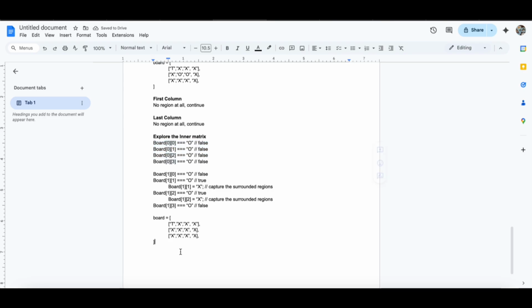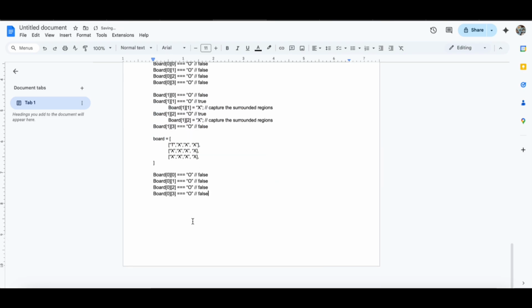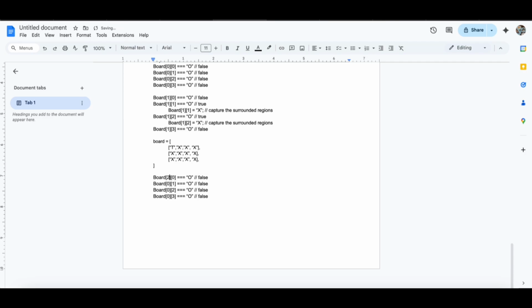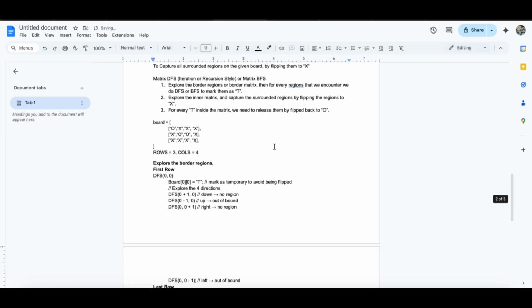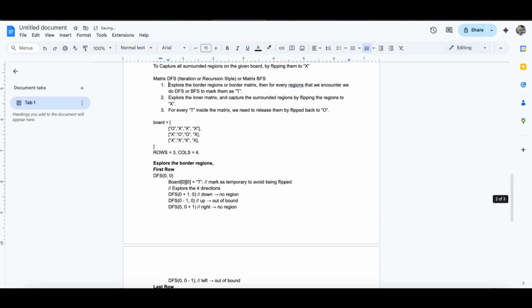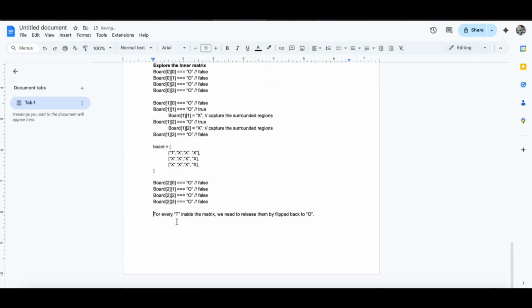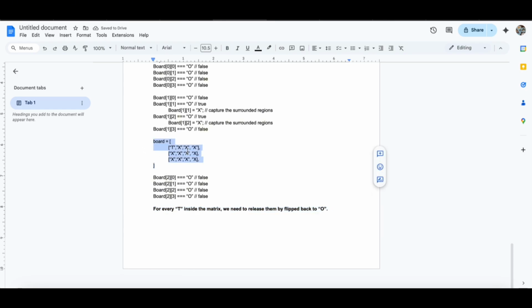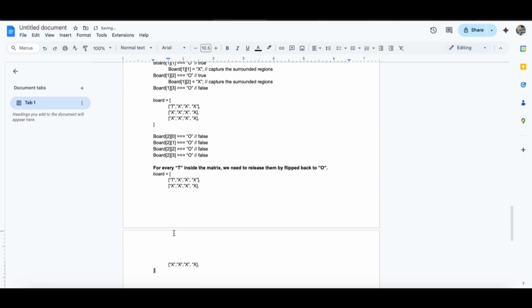Then we need to continue to check on the last row, right? There is no region at all, and the last step that we need to do is, for every T, we need to flip them back, right? So this will look like this.